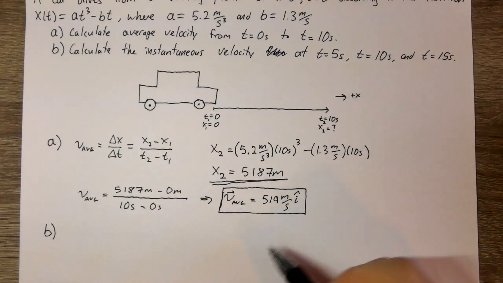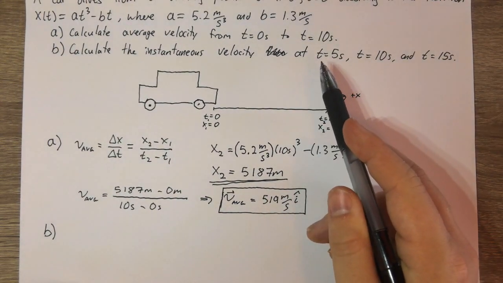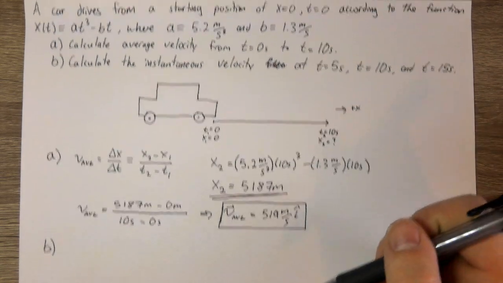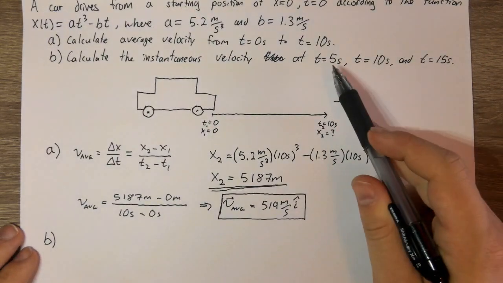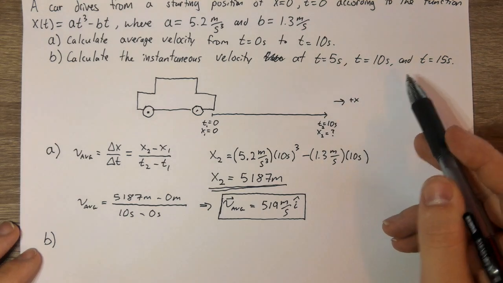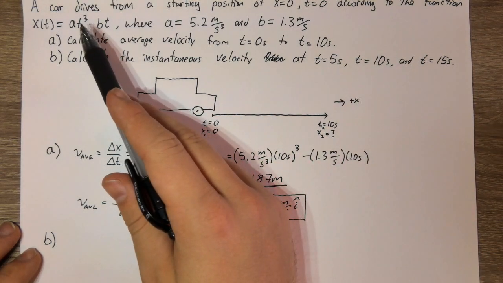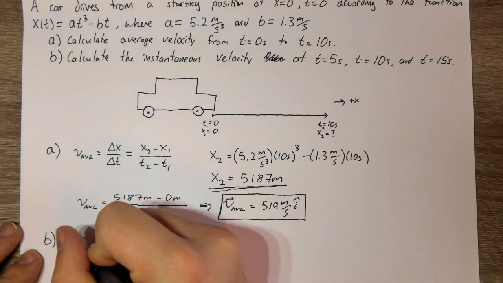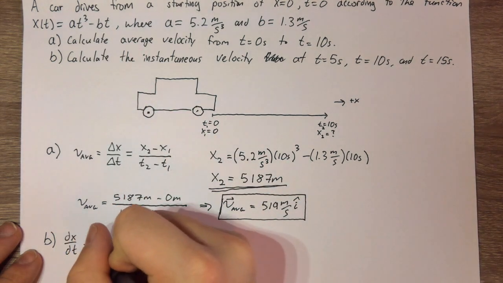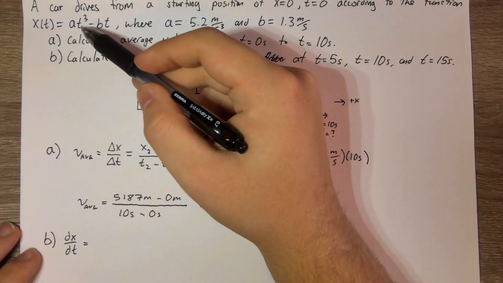Now we're asked to calculate the instantaneous velocity at 3 different points. So first, before we find it at certain points, we need to find the derivative of this equation. So what is the derivative of this?